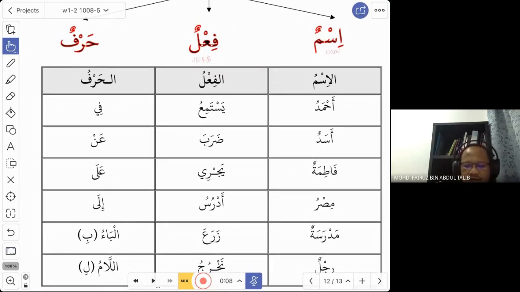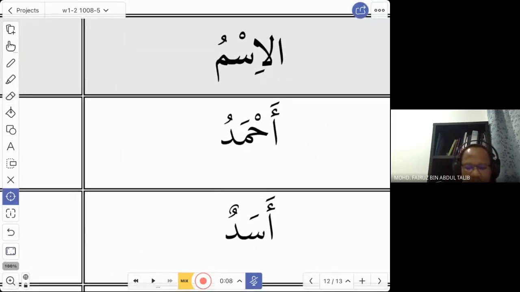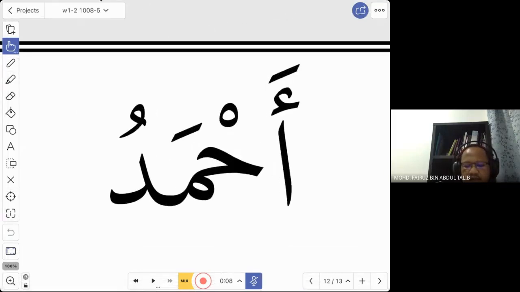Now the first category is the ism. Al-ism, here they just put the alif lam. Al-ism, the noun. So what are the examples of the noun? We look at the first one. Can somebody read this for me?